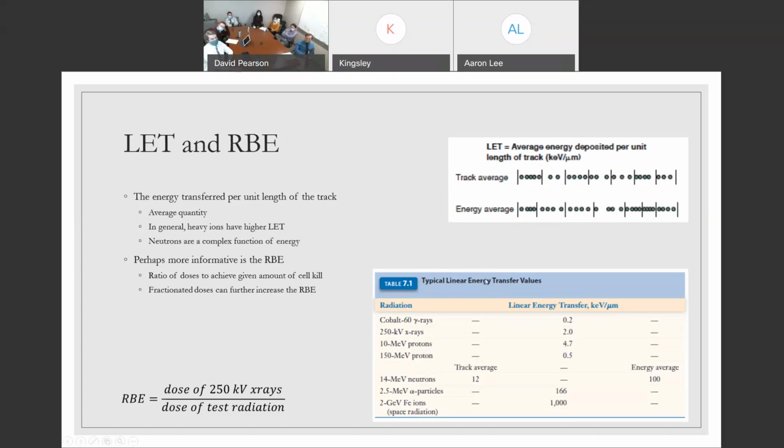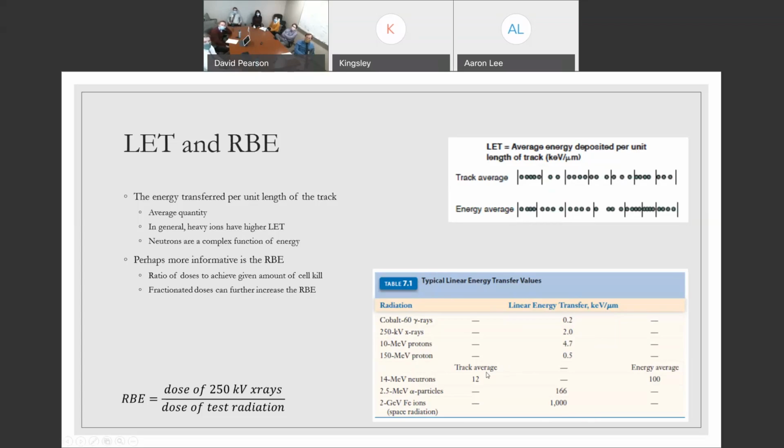Some typical LET values. So again, as we get heavier, like these two giga electron volts iron ions, floating around in outer space somewhere I don't want to be, would have an LET of 1000 keV per micrometer. But yeah, I don't plan on going to space anytime.